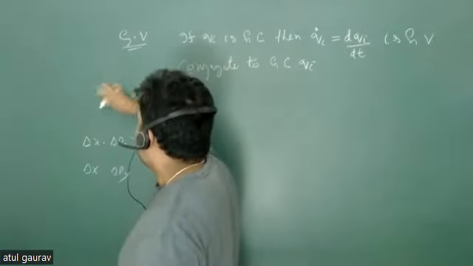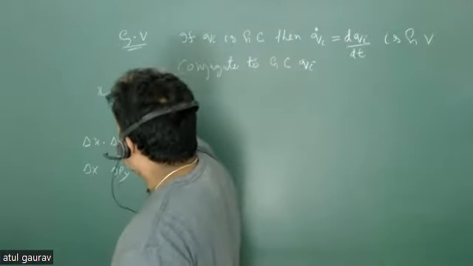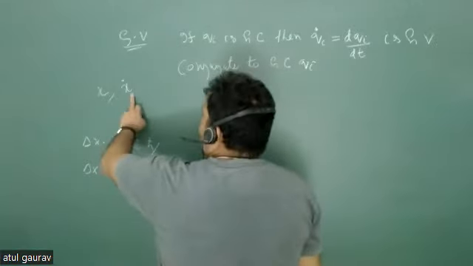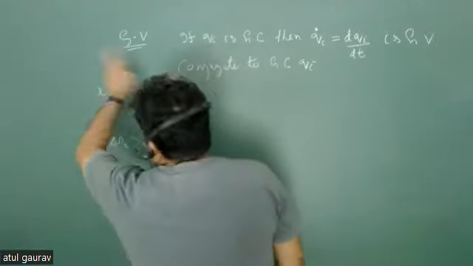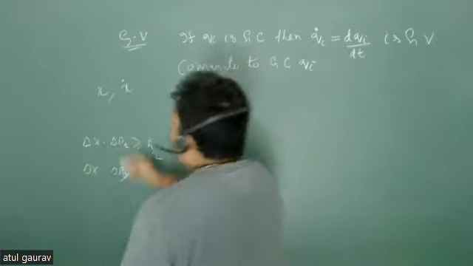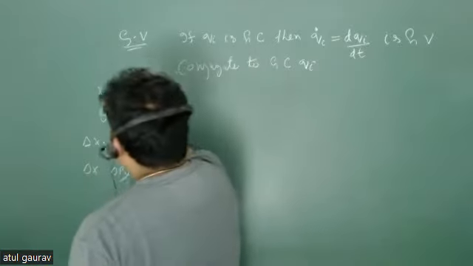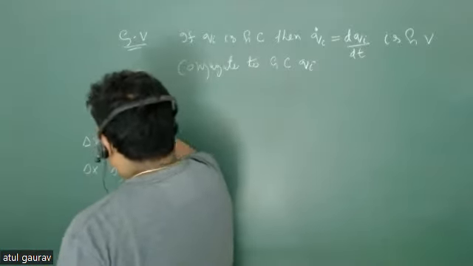Let's talk about x dot, and x dot is what? Generalized velocity corresponding or conjugate to x. Suppose we are taking theta, then the generalized velocity is theta dot.